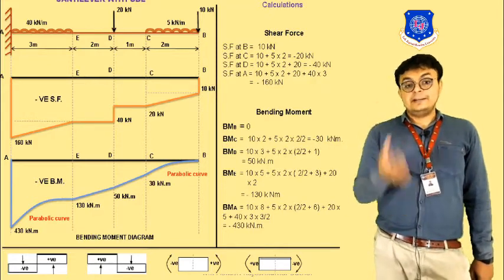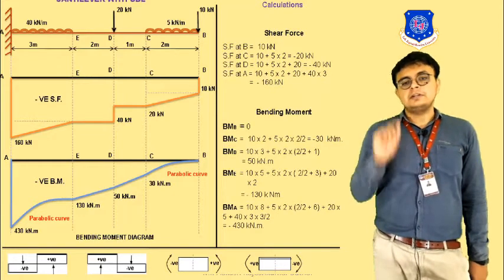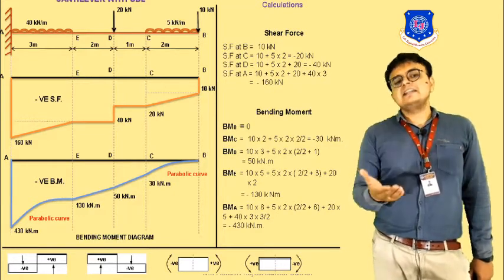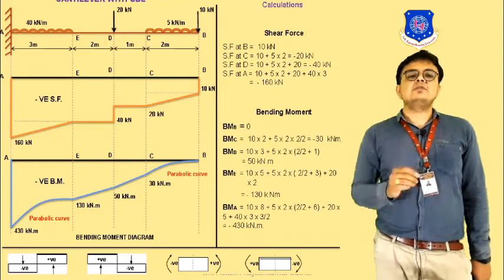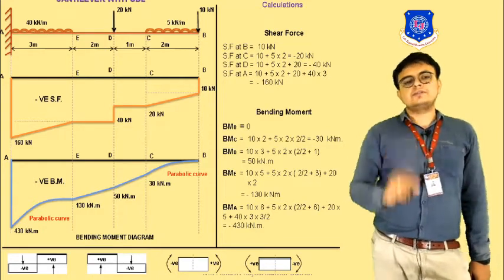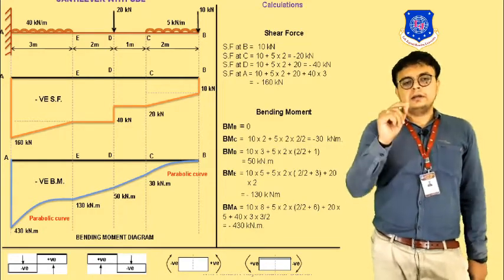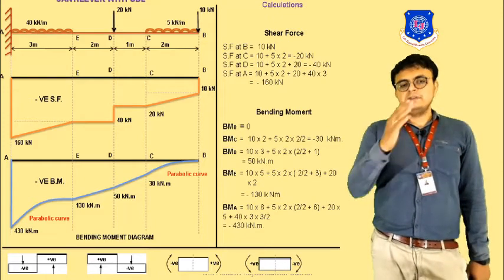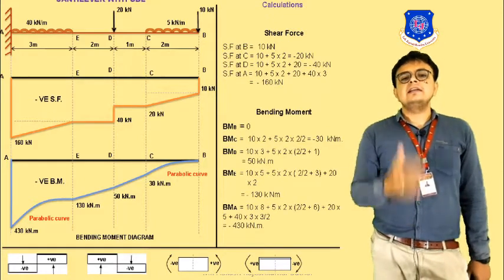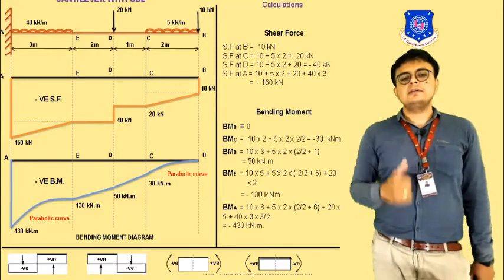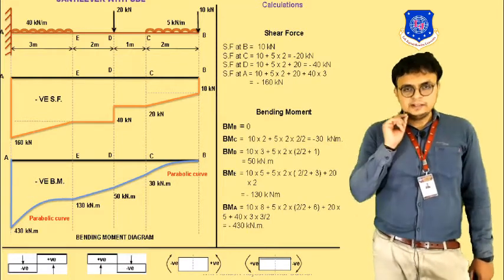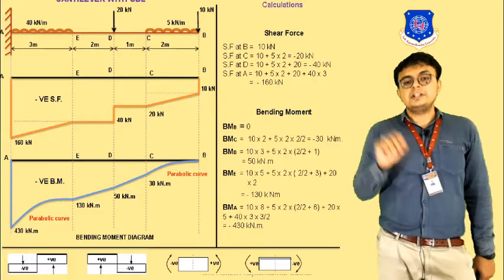So at point E, we get minus 40 kilonewton. To find the shear force at A, we just have to add the shear force because of this loading to the value at E. So minus 40 minus 40 into 3.